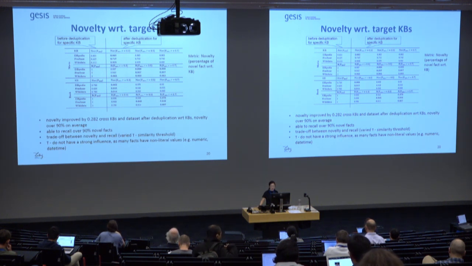But this threshold is for filtering out duplicate facts based on the similarity metric, which does not influence values of type numbers or date and time. That's why it doesn't have a very strong influence on the result.